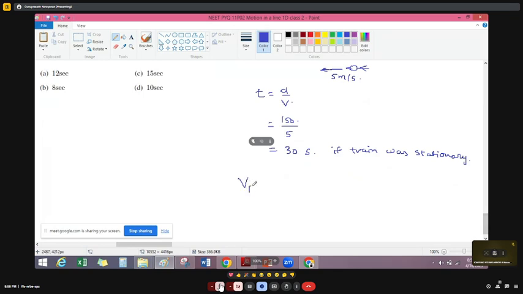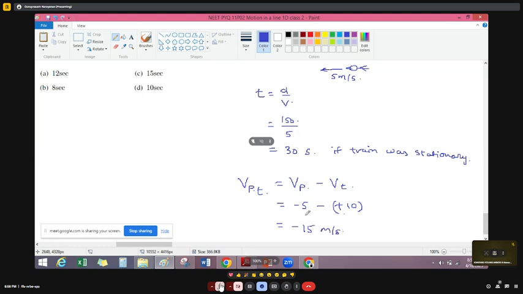Velocity of parrot with respect to train is equal to velocity of parrot minus velocity of train. So velocity of parrot is minus 5. Velocity of train is plus 10, which means it will be minus 15 meters per second.